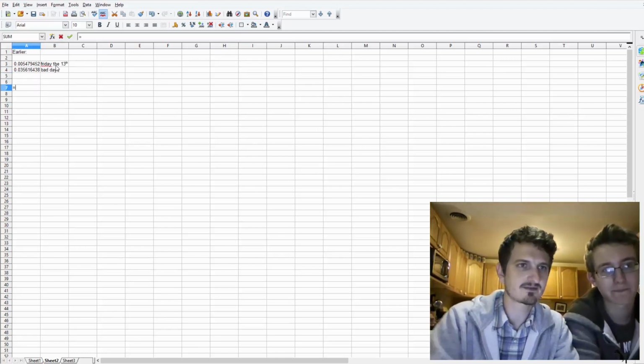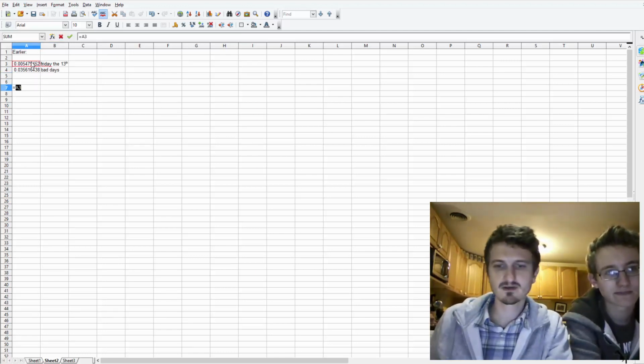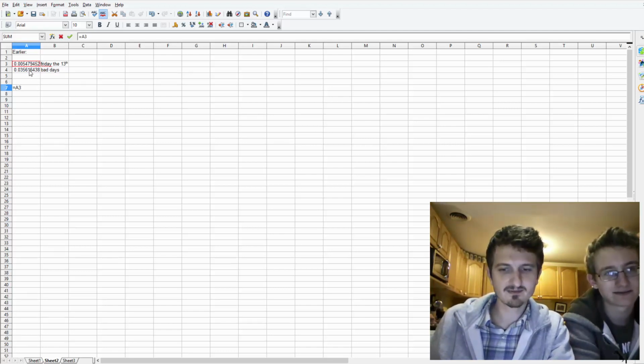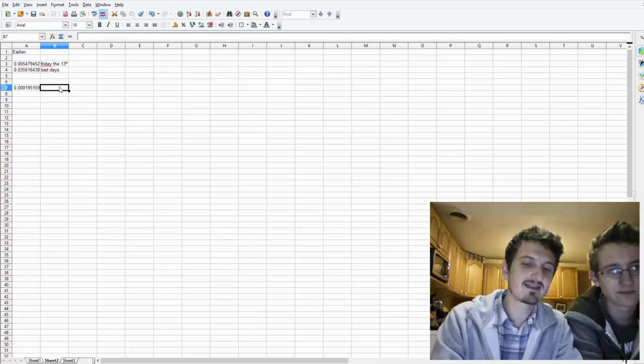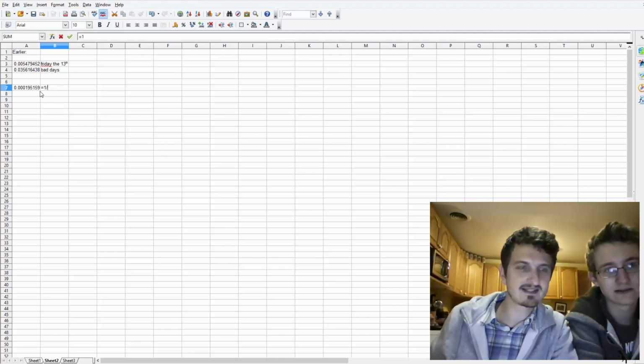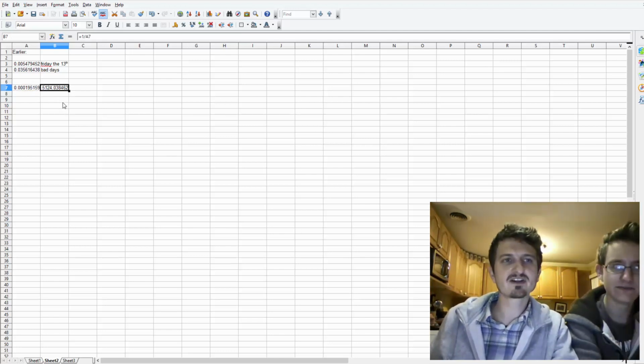So Tyler says we take these two and we multiply them. That is not the multiplication symbol. We multiply them, and that is the percentage. And then I was doing the reciprocal because 1 over that gives us how many days it will be until... So 5,124 days.